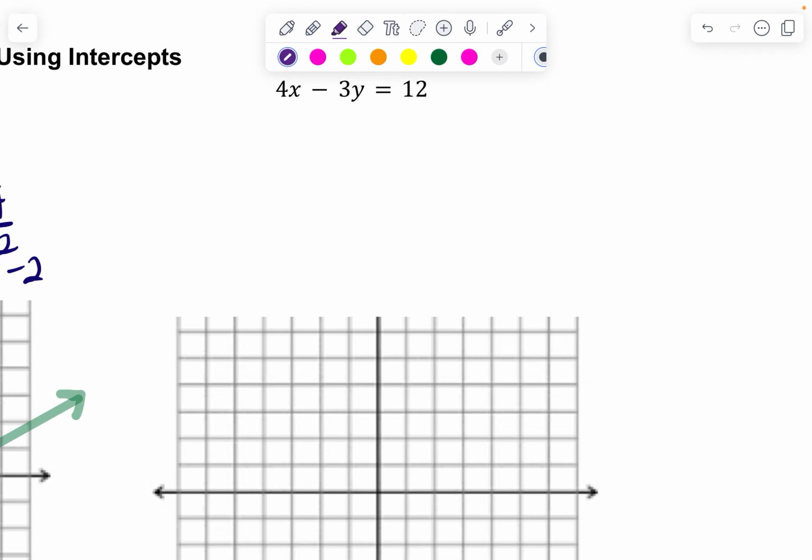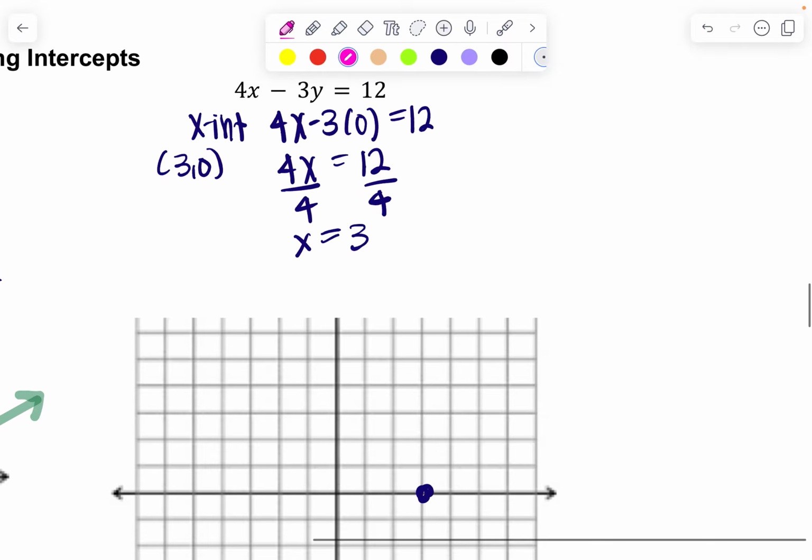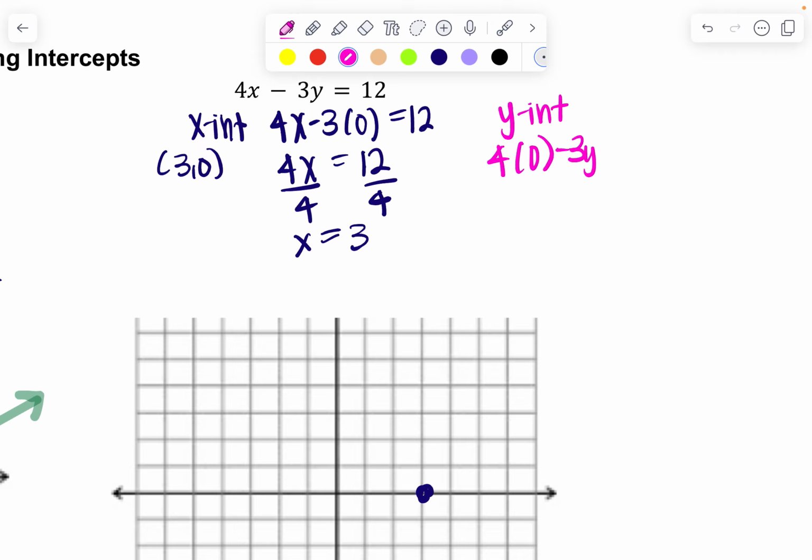Let's do a few more here. Our x-intercept for x minus 3 times 0 is 12. So 4x is 12, which means our x value is 3. So (3, 0). Our y-intercept then, 4 times 0, take away 3y is 12.